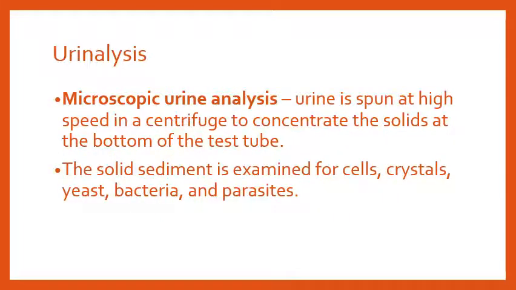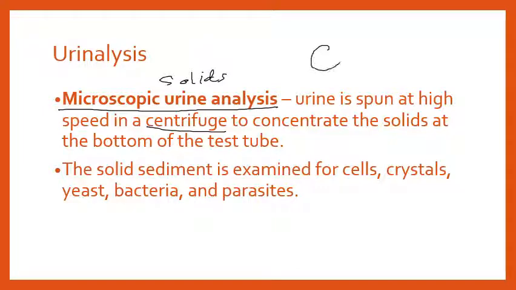Another thing they can do is look at the actual solids inside of your urine. I know you don't think there are solids, but there are tiny little crystallized things inside there. So what they do is they centrifuge it.